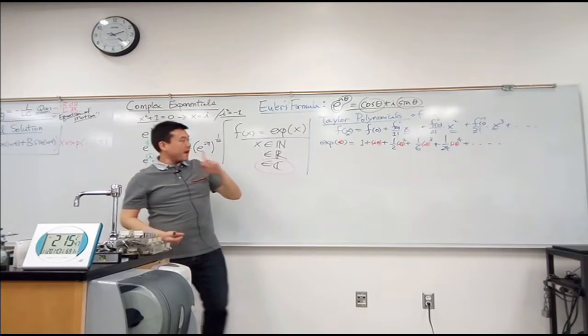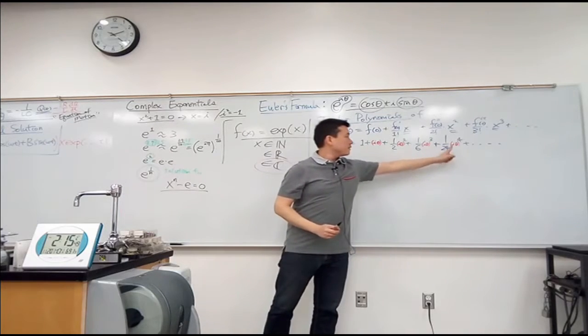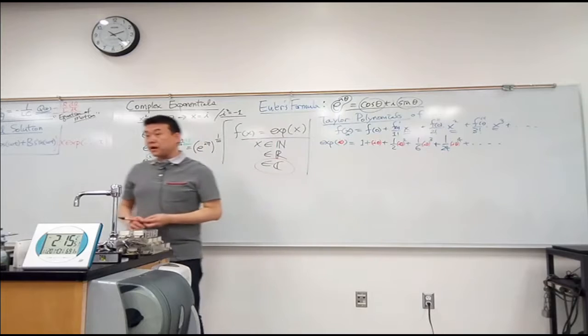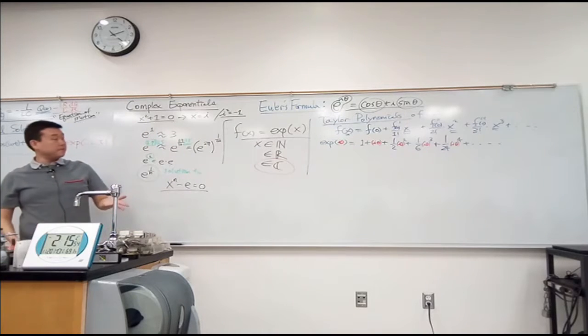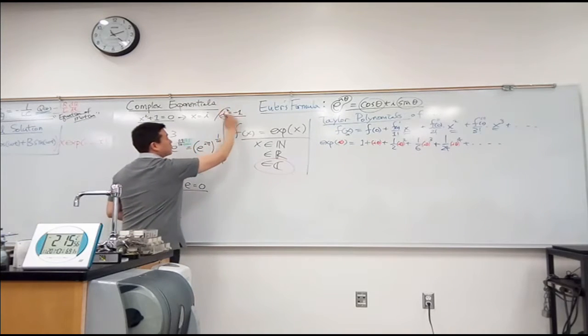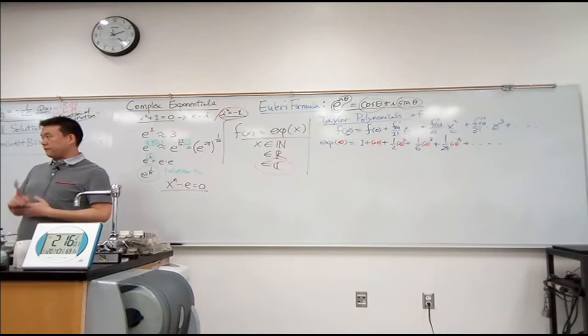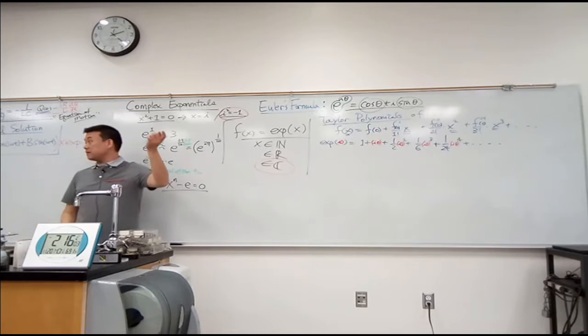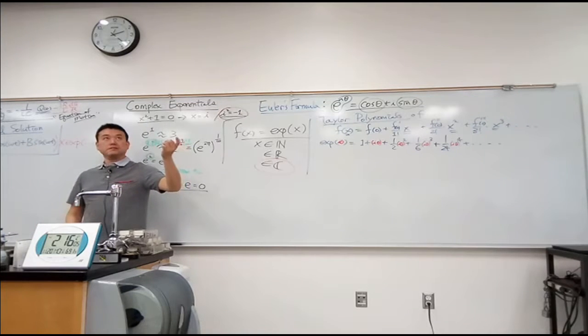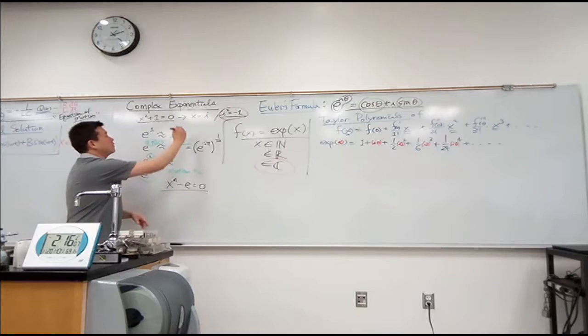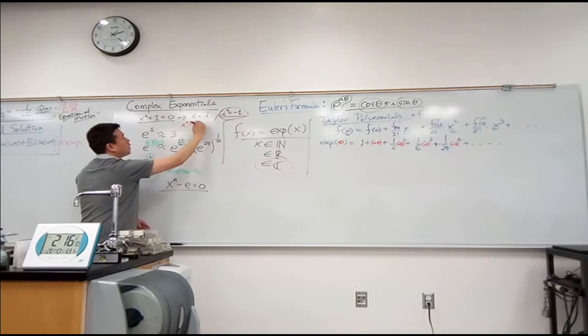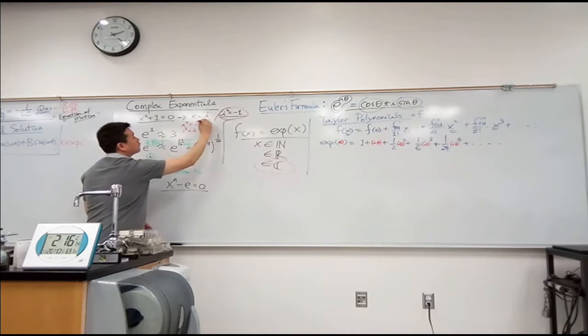But here's one thing nice about i. The imaginary number i has a pretty nice property, algebraically speaking. The number of unique values that a power of i can take is at most 4. So i to the power of 0 is 1, i to the power of 1 is i, i to the power of 2 is equal to minus 1, i to the power of 3 is minus i.